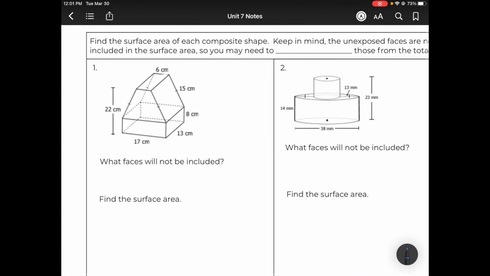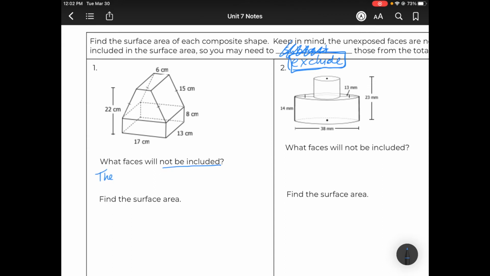We can either subtract those surfaces later, or sometimes it's easier to just exclude, meaning do not use, those. Don't add those in. So when it says what faces will not be included, that means excluded. Which faces or surfaces will not be used.